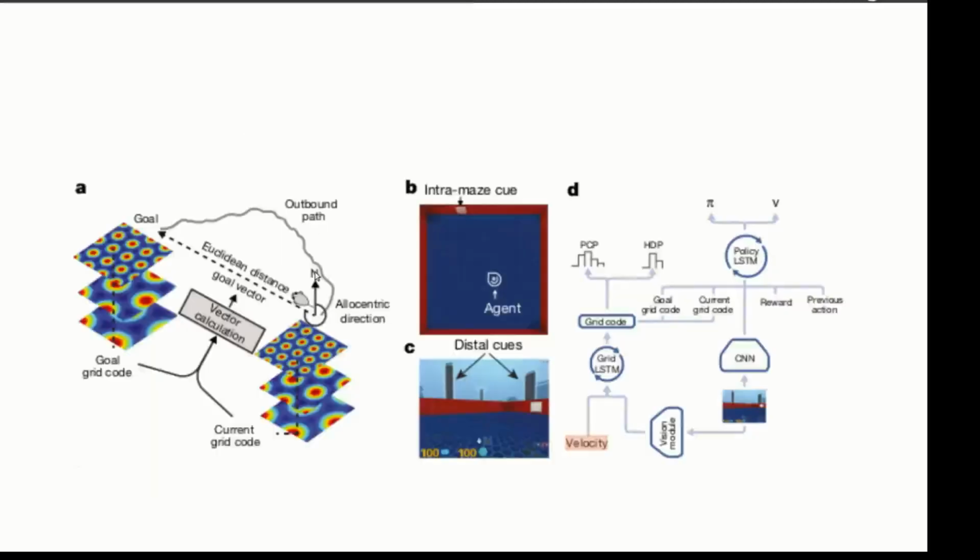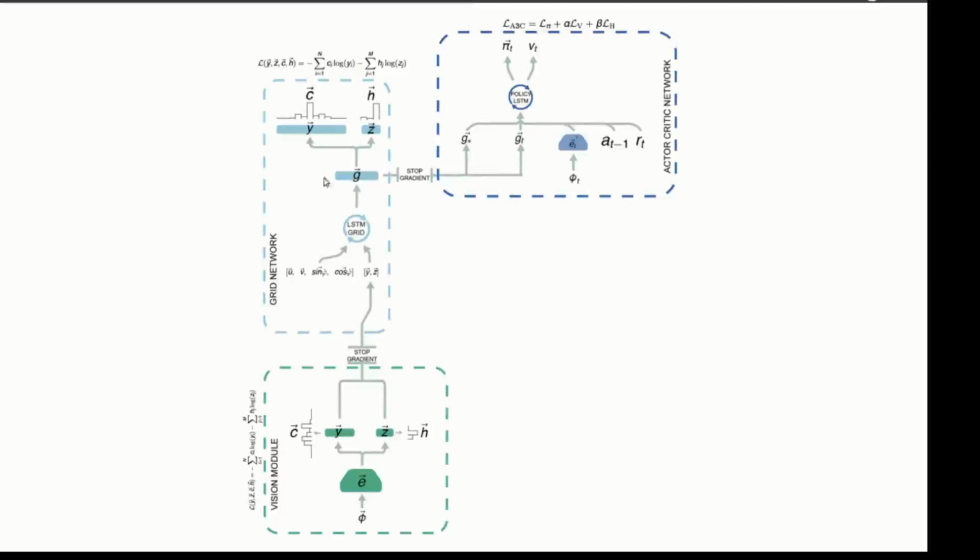And so what happens in this digital or artificial version of this experiment is that you have this architecture that I've been describing, where, by the way, each of these components is trained separately, right?